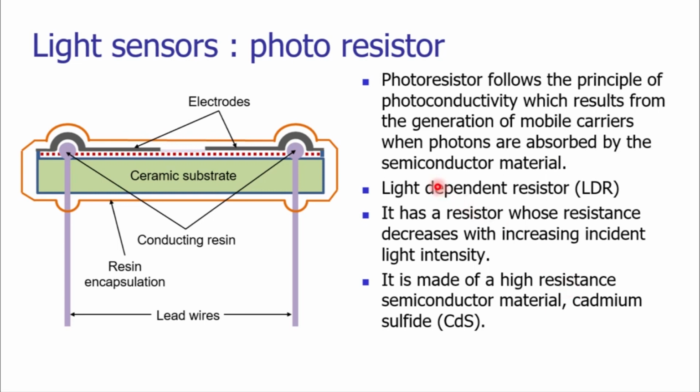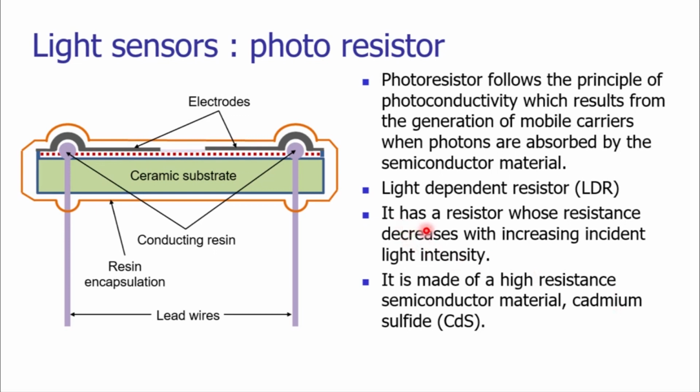When light energy is incident on semiconductor materials, these materials will absorb the photons, and due to the absorption of the photons, there is a generation of mobile carriers. And in this way, these mobile carriers will generate a signal that can be utilized to measure the light, to sense the light. The photoresistors are also called light dependent resistors, LDRs.